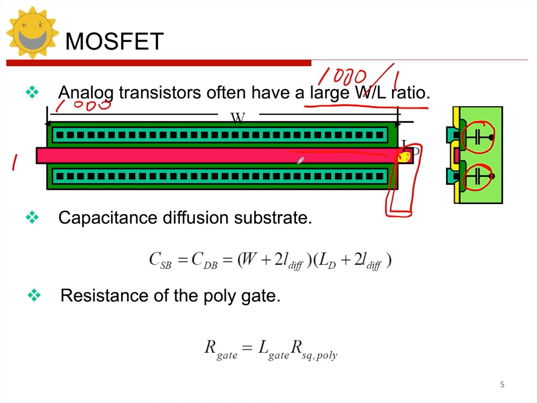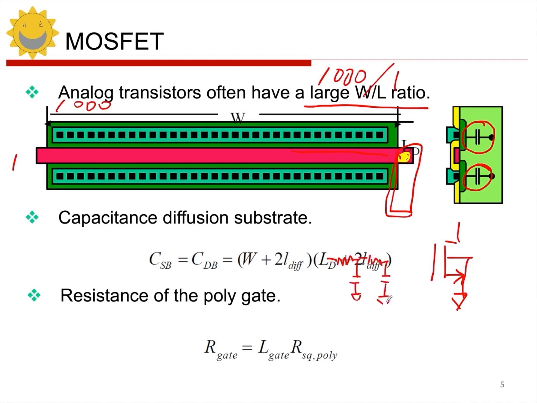So what does this mean? It means that our transistor effectively becomes like this. If we want to draw an equivalent circuit model, for example, if I originally connected to D, then the substrate is also connected to D. It's kind of like this. There are many of these on the gate. RC, right? There are a lot of RCs.